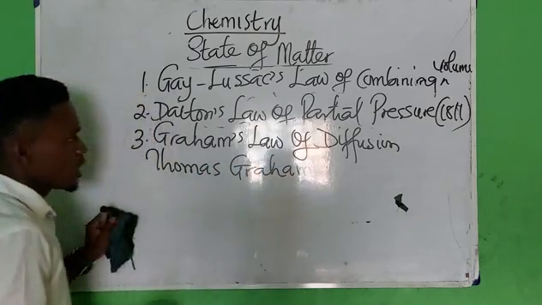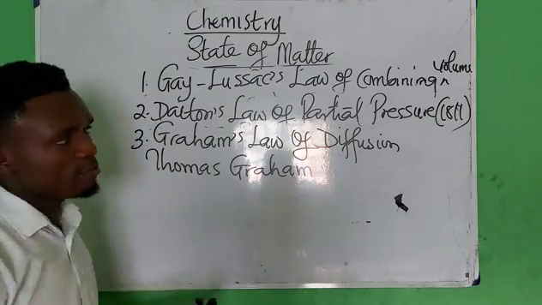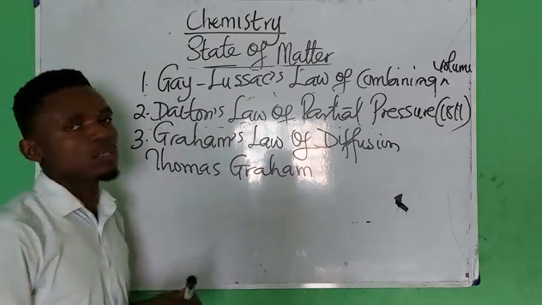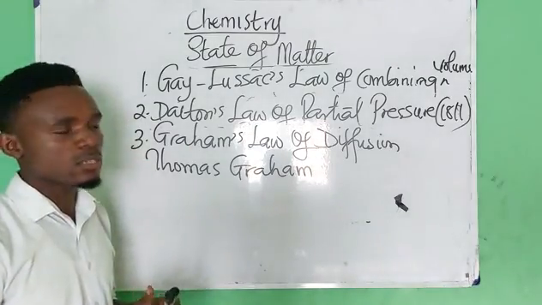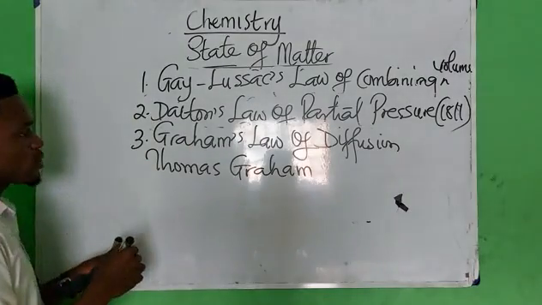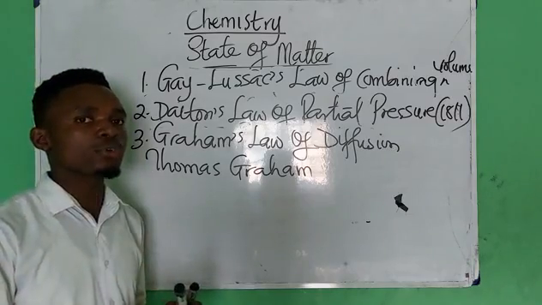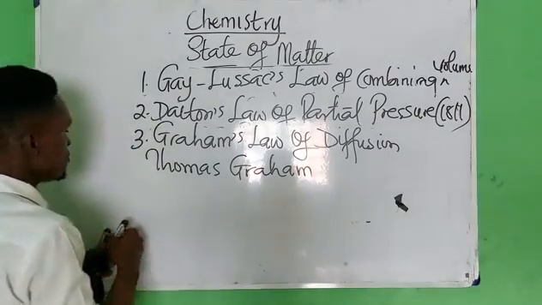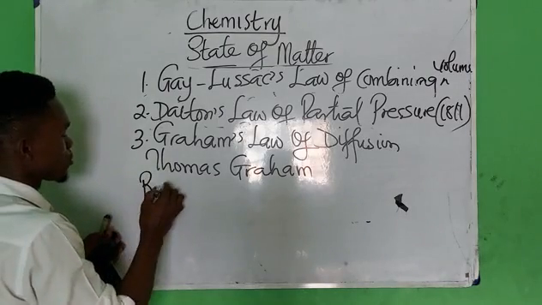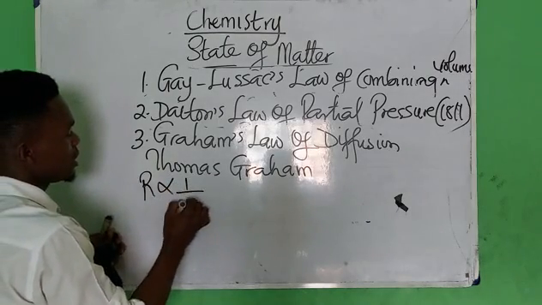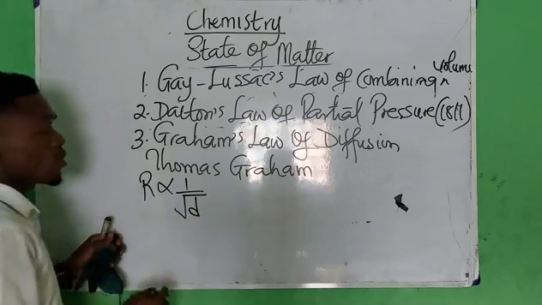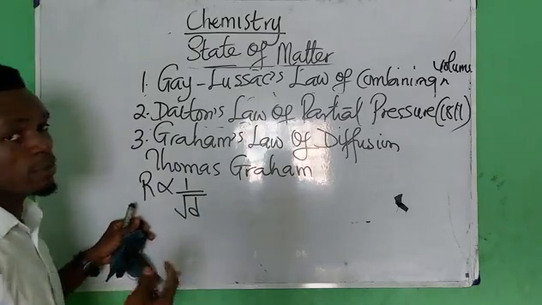That is his full name. And he stated the law of diffusion in the state of matter. What did he say? He said that the rate of diffusion of gases at constant temperature and pressure is inversely proportional to the square root of the density, the vapor density.